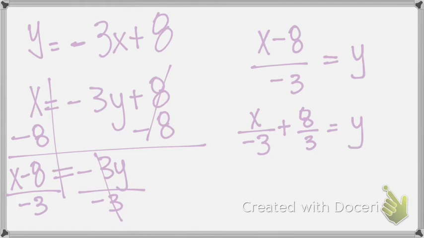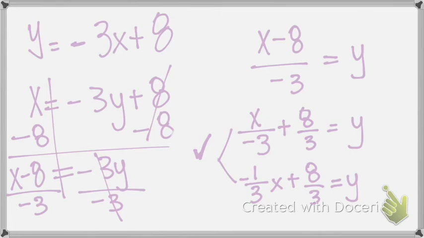Now, one more thing. What's in front of that x, the number that I just don't have to write? It's 1. So, are these two equations the same? Yes, they are the same.